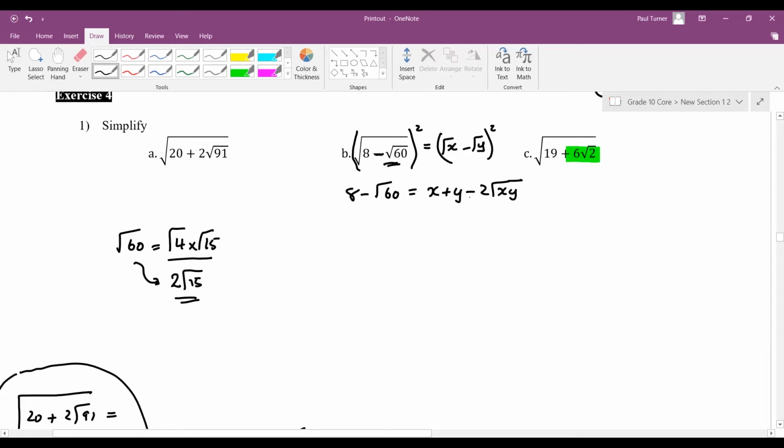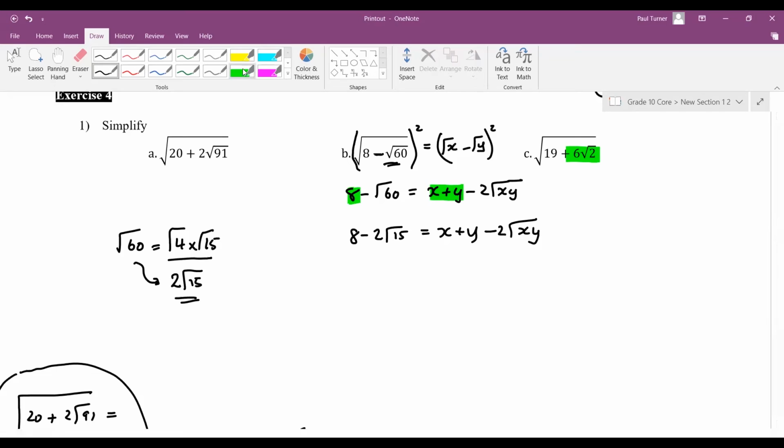You'll get this here like that. So then we relate the two sides, 8 to this, but then we need to change that root 60. So we probably should do that first. 8 minus 2 root 15 equals x plus y minus 2 root xy.